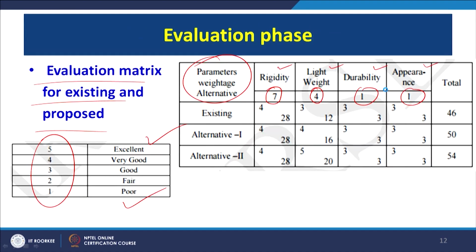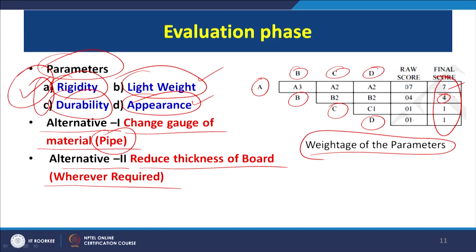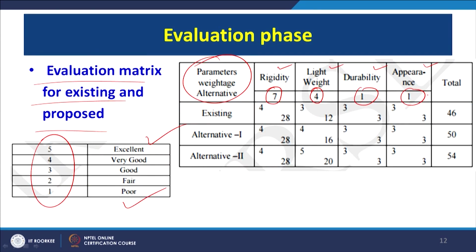So, existing we are giving the ranking, rigidity is 4, lightweight is 3. So, this ranking is based on this scale, 5 is excellent, 1 is poor. So, existing is 4 in terms of rigidity, 3 in terms of lightweight, 3 in terms of durability and 3 in terms of appearance.